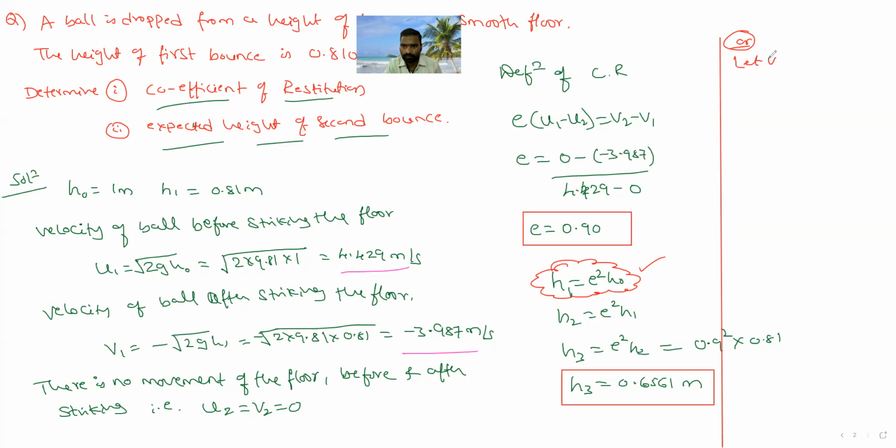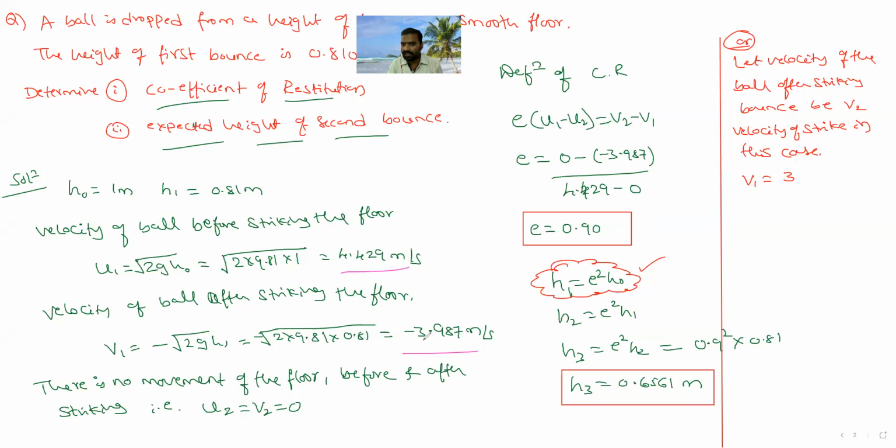Let the velocity of the ball after striking the bounce be V2, and the velocity of strike in this case be V1. What is V1?